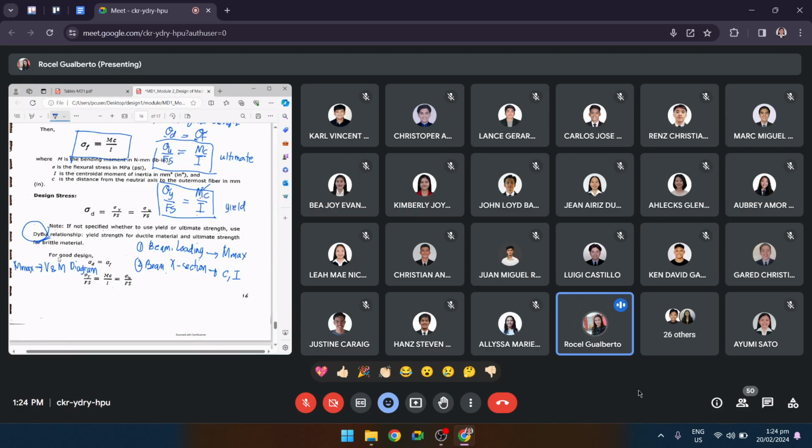So this shear and moment diagram can be done using two methods. One is analytical, and the other one is the semi-graphical method. When we say analytical method, what you will do first is derive equations for shear and derive equations for moment.